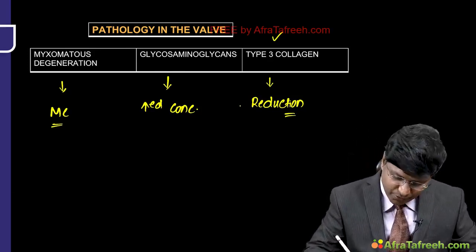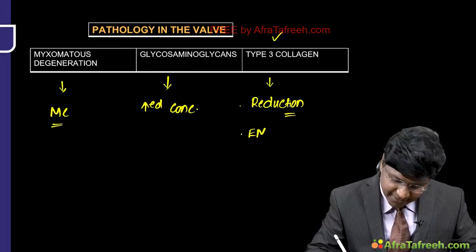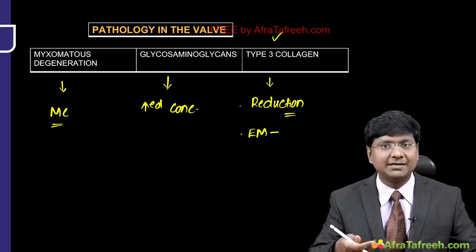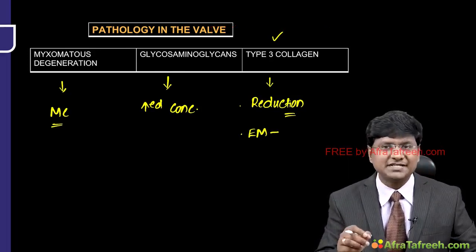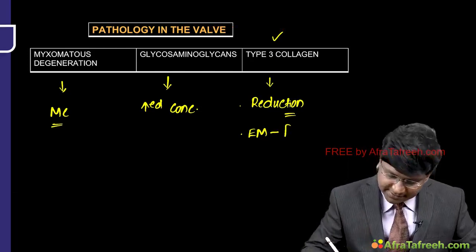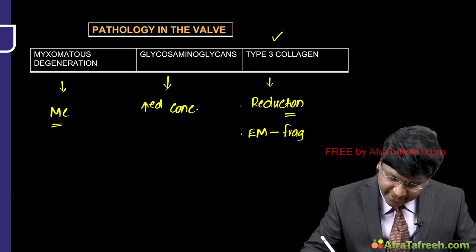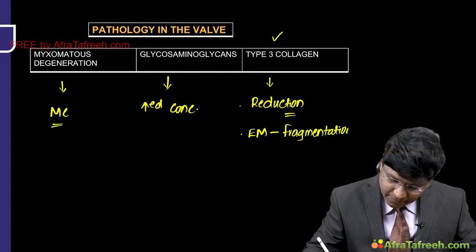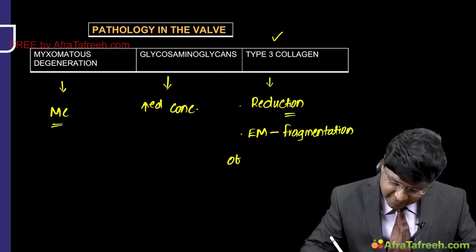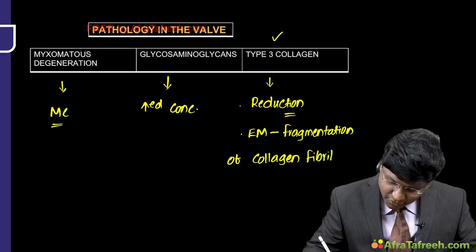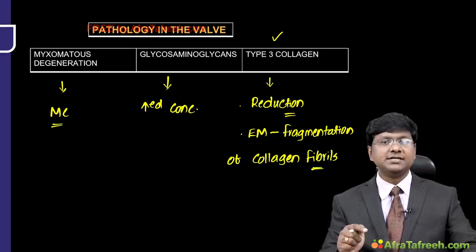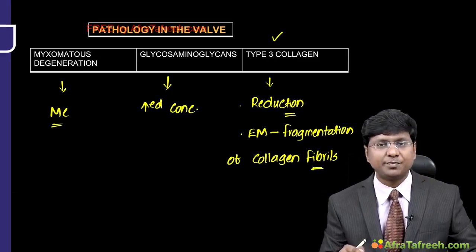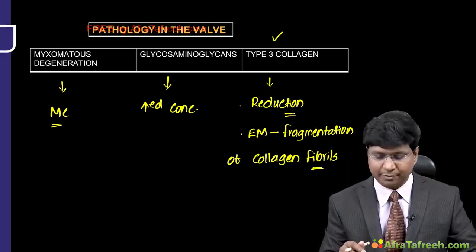Now, if you observe the mitral valve under electron microscopy, what has been revealed is fragmentation of the collagen fibrils. That is the electron microscopic picture in case of mitral valve prolapse.